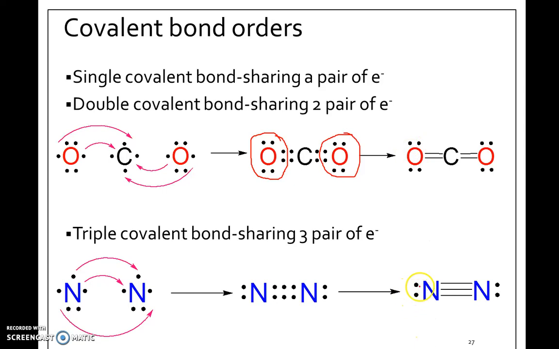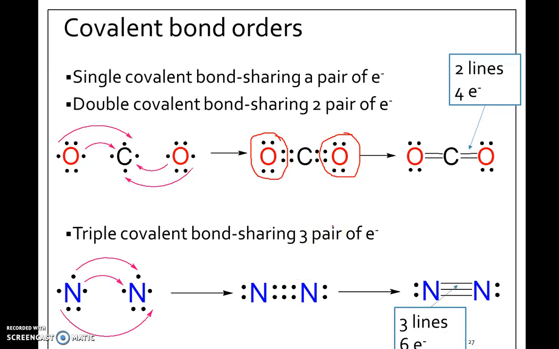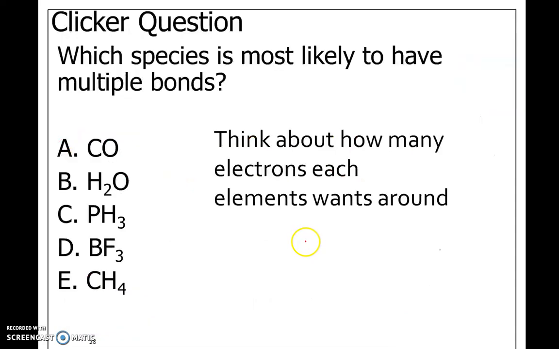The lone pair on this nitrogen is opposite of the lone pair on that nitrogen. So 2 lines means 4 electrons. 3 lines mean 6 electrons. So again, each line represents 2 electrons. 2, 4, 6, 8, 2, 4, 6, 8. Every octet is fulfilled.